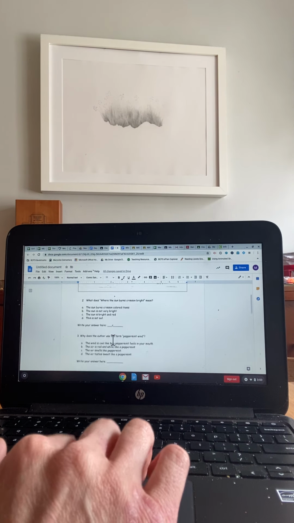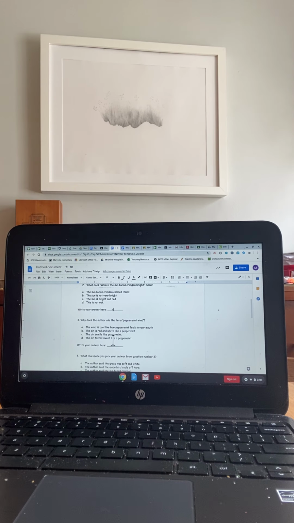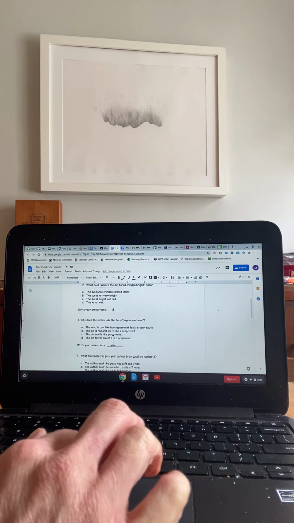All right, then the next part says, why does the author use the term peppermint wind? A, the wind is cool like how peppermint feels in your mouth, B, the air is red and white like a peppermint, C, the air smells like a peppermint, or D, the air tastes sweet like a peppermint.